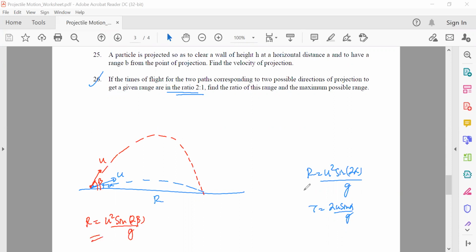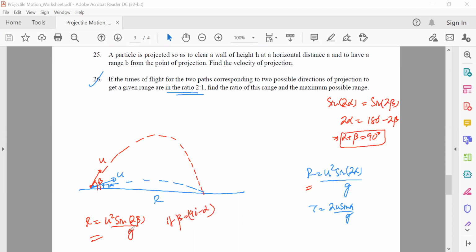So if this range is equal to this range, it means that sine 2 alpha is equal to sine 2 beta, which means that 2 alpha should be 180 minus 2 beta, which means that alpha plus beta should be 90 degrees. So if beta is equal to 90 minus alpha, then this range will be the same as this range. Okay, but the time will be different.